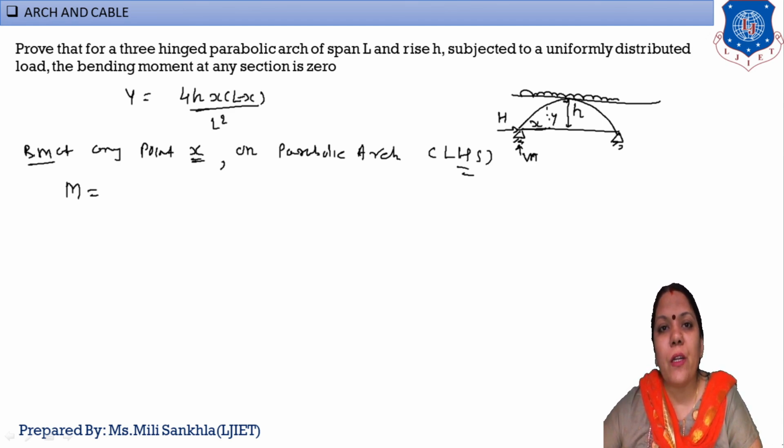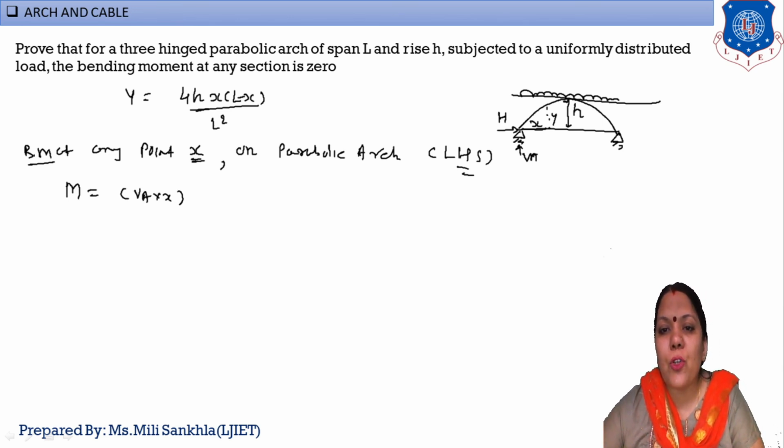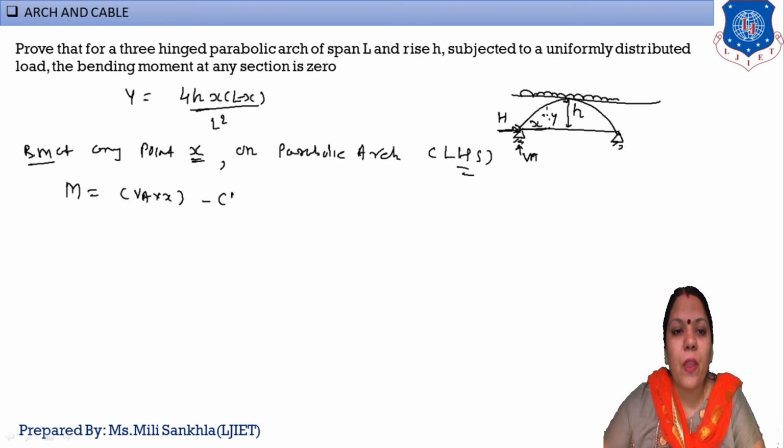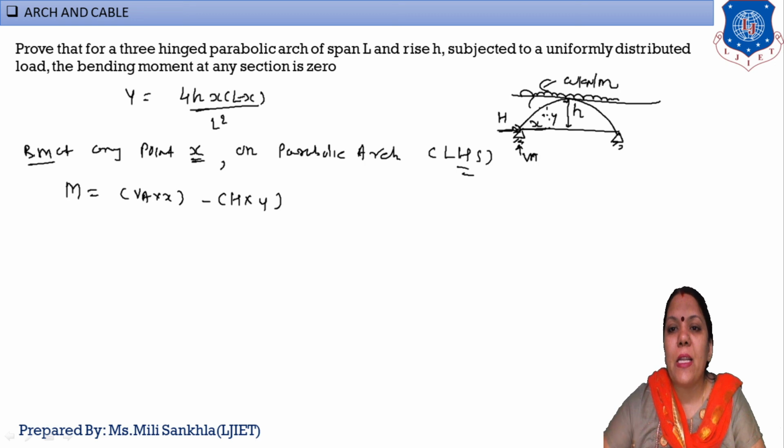H is also given. The support reaction rotates in the clockwise direction, so write VA into X. The horizontal force H rotates anti-clockwise, so write H, and the height is Y, H into Y. The UDL W is given, W kilonewton per meter, and this UDL rotates anti-clockwise, and the distance is X, so minus W into X by 2.